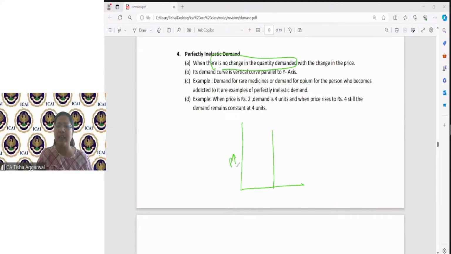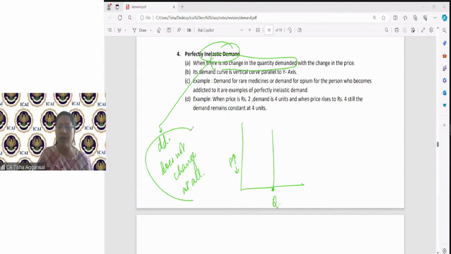Whatever the price increase or decrease, the quantity is going to be constant. It is known as perfectly inelastic demand. Inelastic demand means this demand does not change at all. If the demand does not change at all, that is what is known as perfectly inelastic demand.